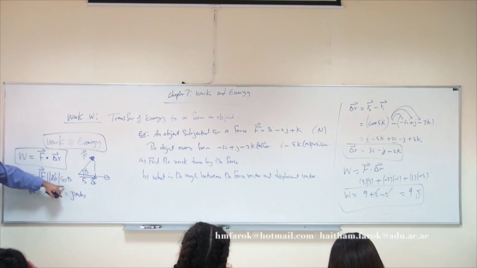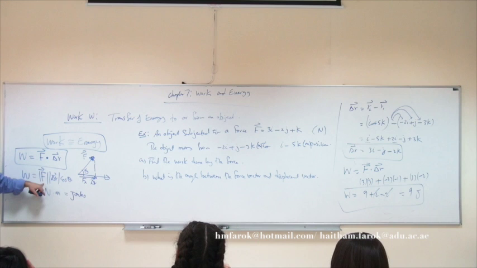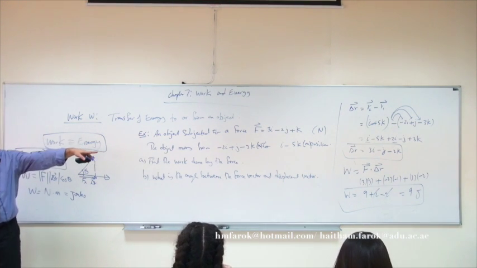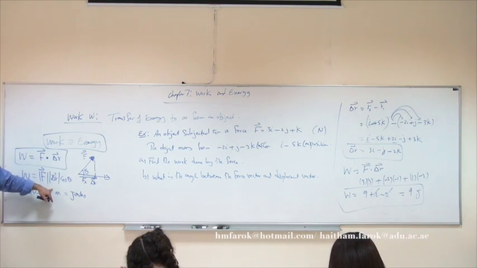So what is the unknown here? Cosine the angle. Theta is unknown. So I have to know force magnitude, displacement, and work. How do you find the work? We did it by dot product. So all you have to do is find F and delta R magnitudes.